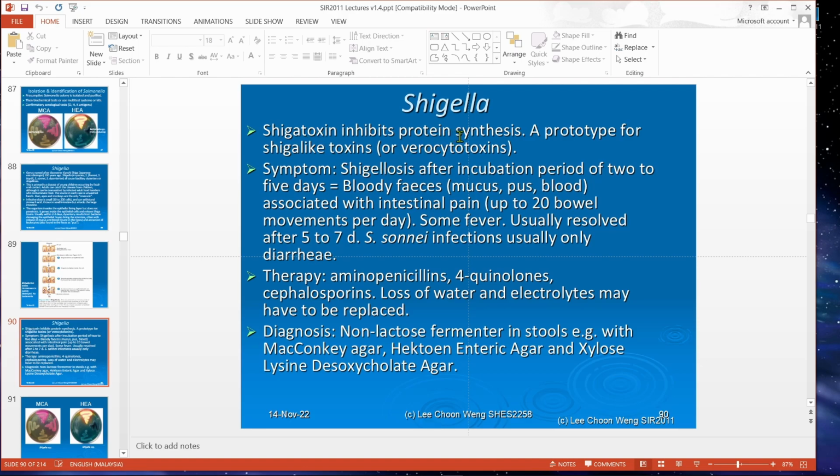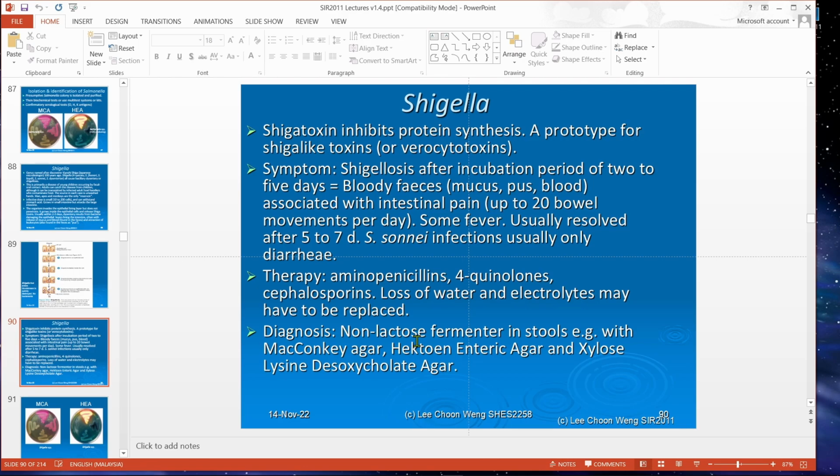that inhibits protein synthesis. Okay? So because it destroys the epithelial cell, you will have bloody feces with mucus, pus, and blood. So it is also a non-lactose fermenter.